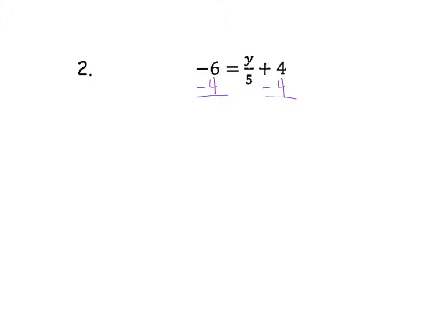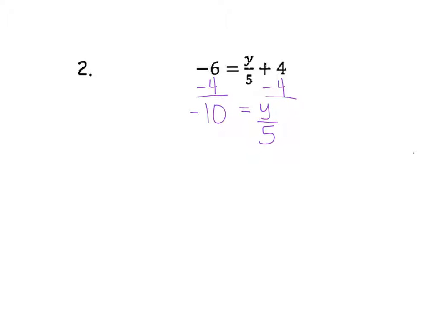Watch your signs here, okay? Negative 6 minus 4 is the math that I'm doing over here on the left. Negative 10. Equal sign comes straight down. I have a y divided by a 5, and then the 4 minus 4 became 0. So that was easy. So I have negative 10 equals y over 5.